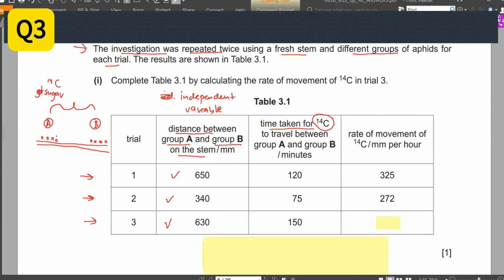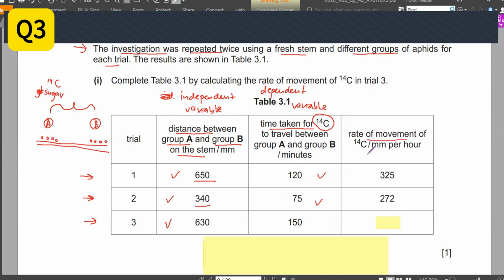The longer the distance, the longer the time taken. So the result is what we expected. The dependent variable here is exactly what we expected: longer distance, longer time; shorter distance, shorter time.